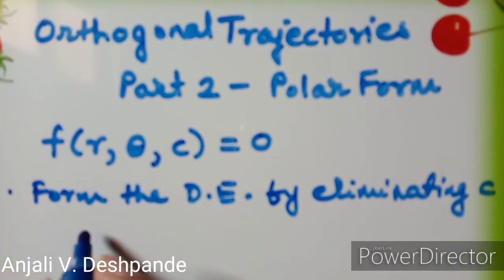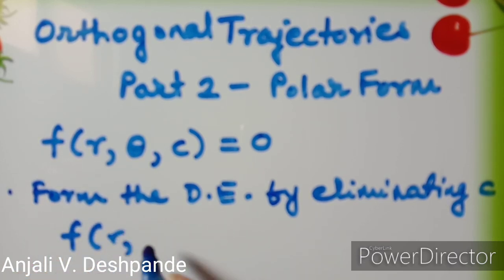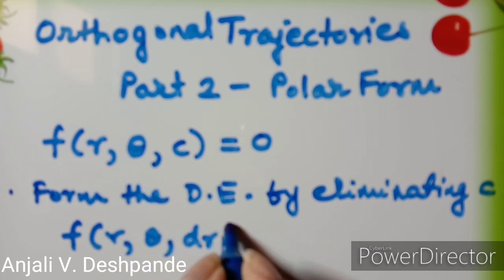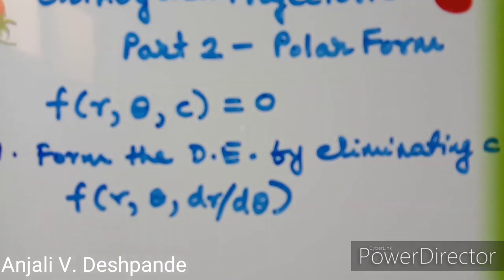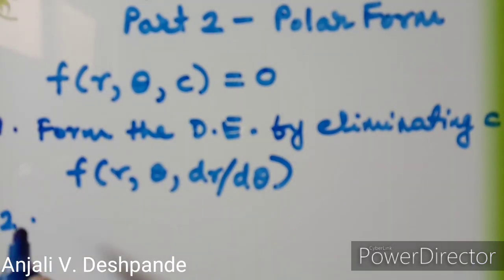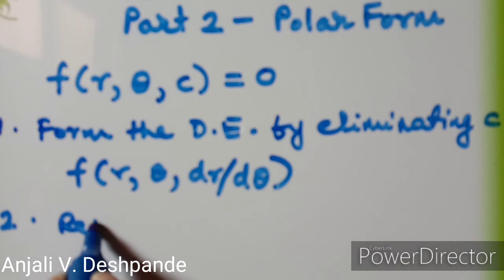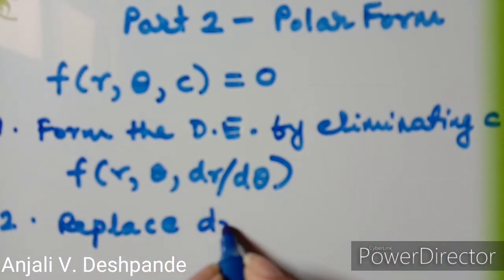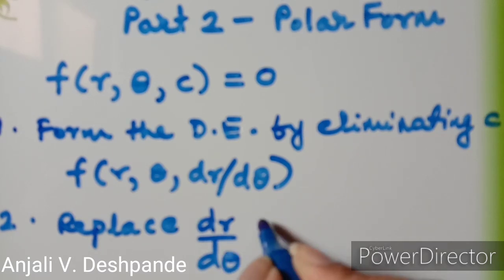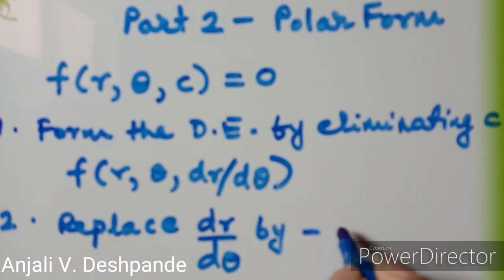So the equation which you will form will generally be in this form: f of r, theta, dr by d theta. Now in the second step, you have to replace dr by d theta by minus r square d theta by dr.